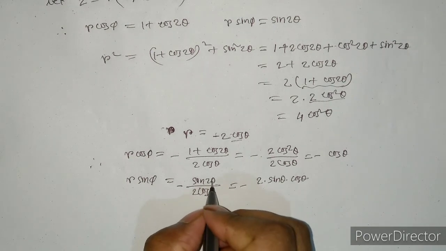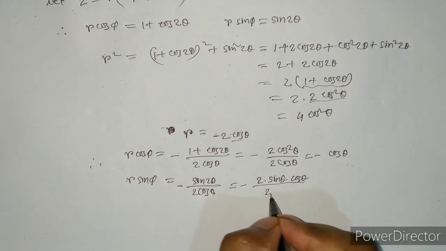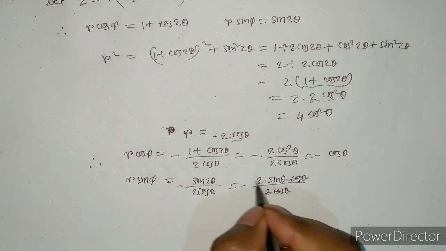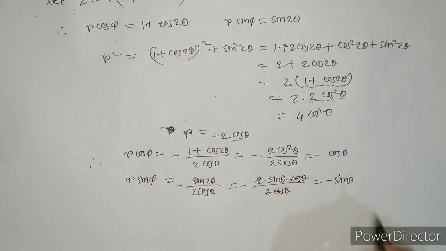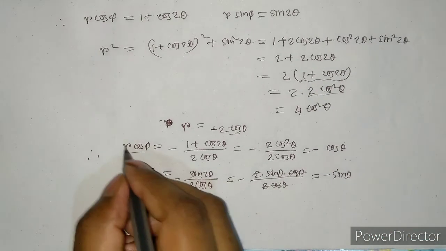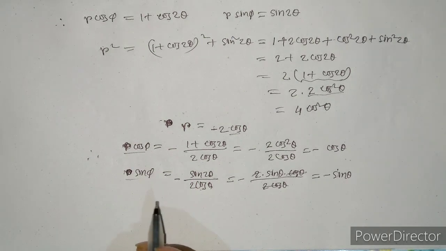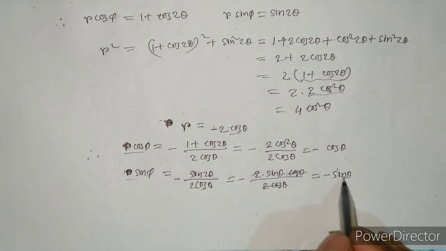We know that sin 2 theta equals 2 sin theta cos theta, so this gives minus sin theta. Sorry, these are cos phi and sin phi. So cos phi equals minus cos theta, sin phi equals minus sin theta.